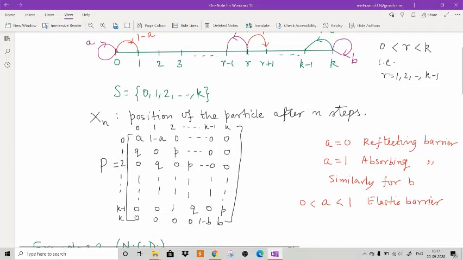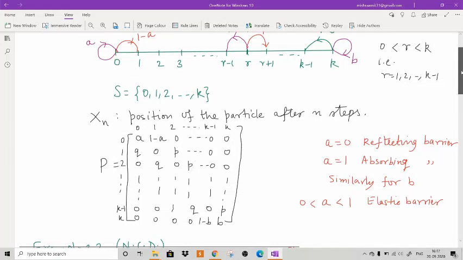Similarly, if you move from 1 to 0, there is a probability q. You move from 1 to 1, which is not possible, so the probability is 0. You move from 1 to 2 with probability p, and so on. Similarly, if you are at state k, you can move backward to state k minus 1 with probability 1 minus b, or you can remain there with probability b.